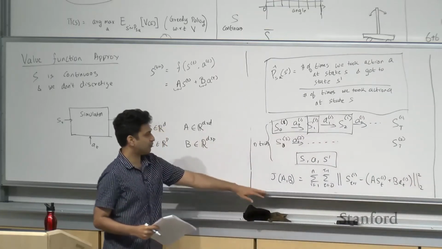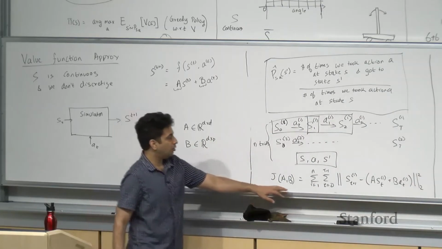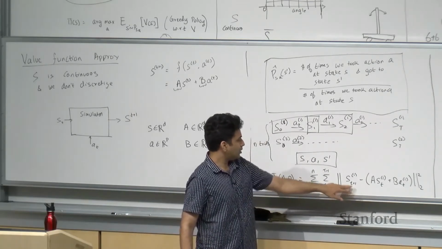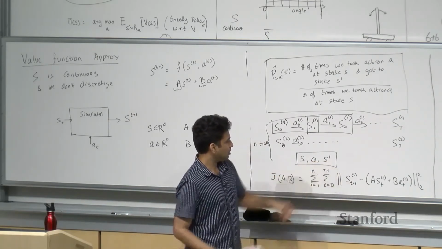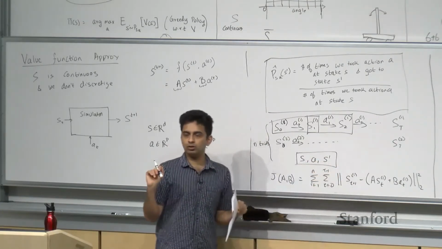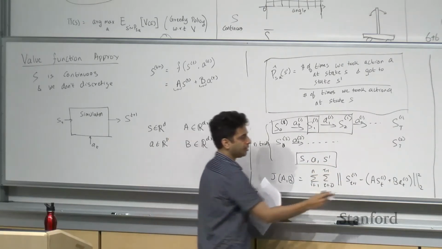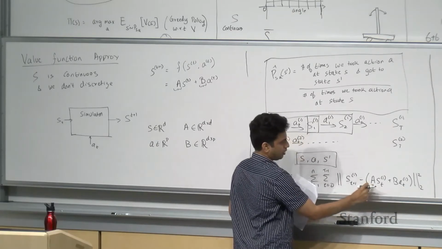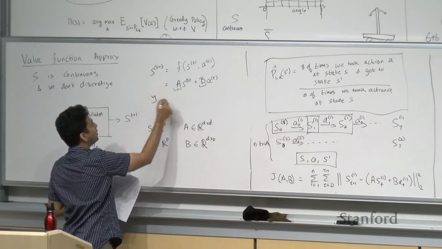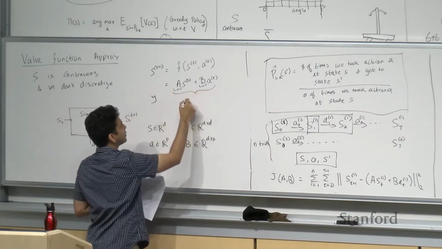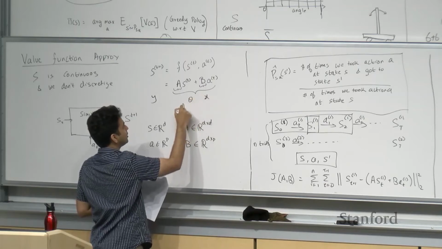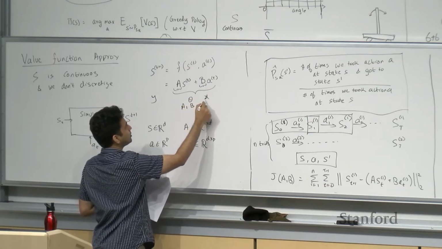So define a cost function where S_{t+1}, the S prime, is considered the true or the Y label, and this is your hypothesis. So you think of S_{t+1} as Y, and this as theta x, where theta is A comma B and x is S comma A.